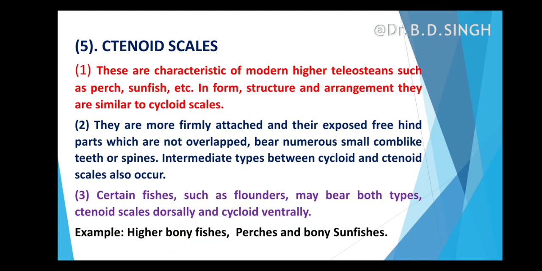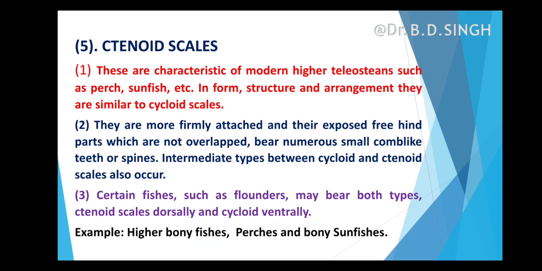Then after, I discuss the ctenoid scales. Actually, these are the characteristics of modern higher teleosts such as perch and sunfish. In form, structure and arrangement they are similar to the cycloid scales.